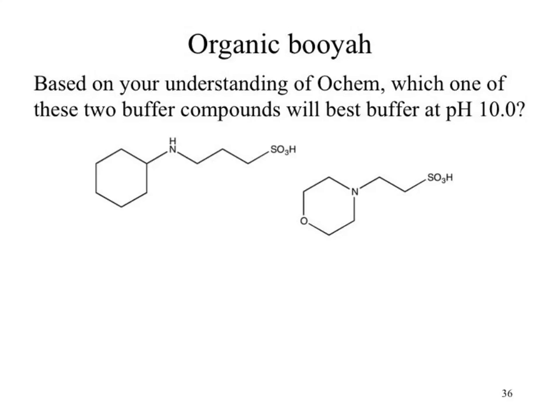Because we put these into water, the first thing that's going to happen, we're going to lose that hydrogen, and we're going to drop the hydrogen onto our nitrogens. So these are really the species we're looking at. I'm not concerned about the pKa of the sulfonate, I'm concerned about the pKa on the nitrogen. Right? So we go through and decide between these which one is more or less acidic.